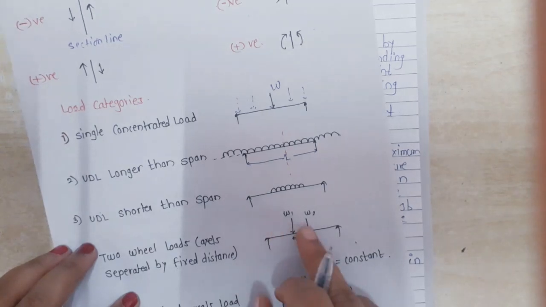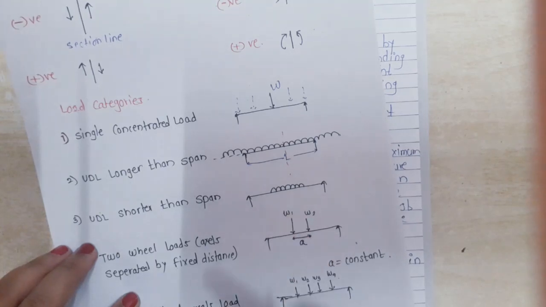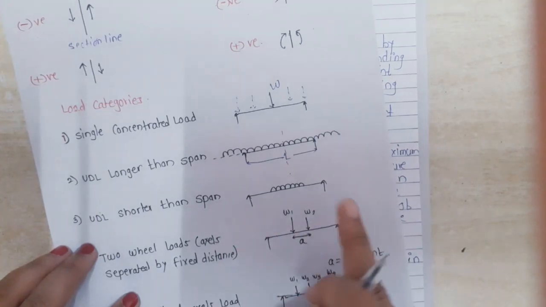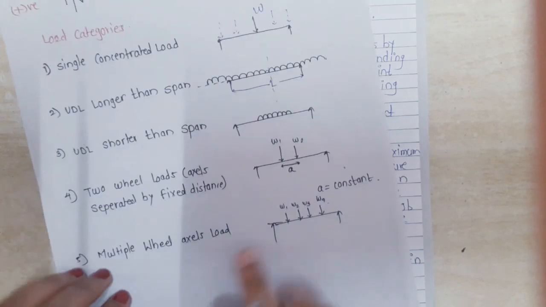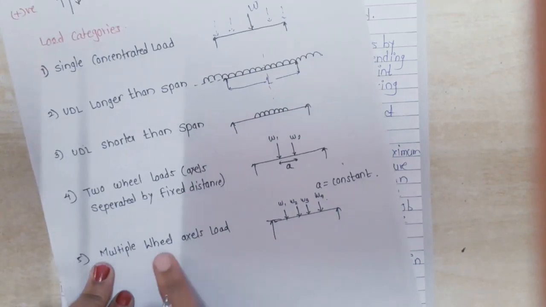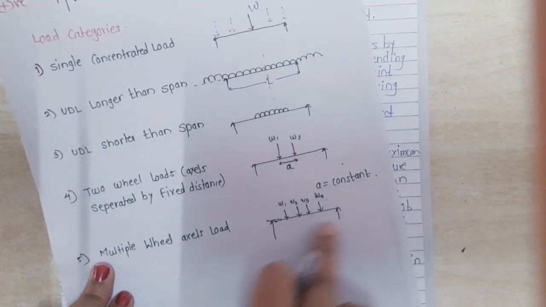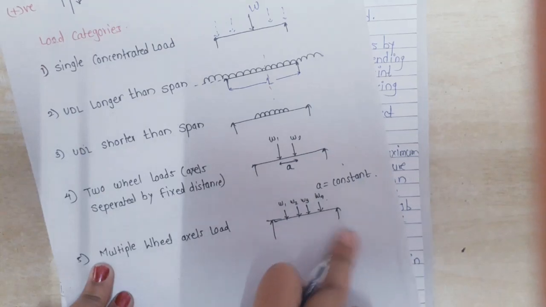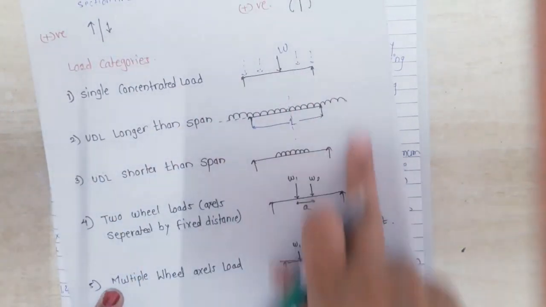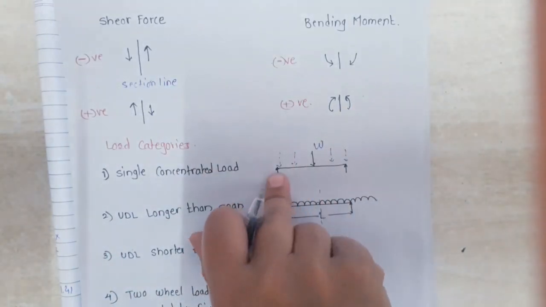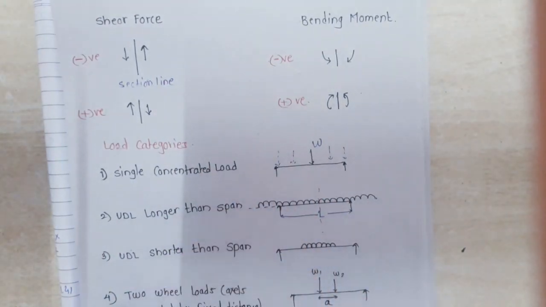The two wheels are separated by a fixed distance and pass over a fixed span. Last one is a multiple wheel axle load acting on the structure. These are the 5 categories and these are the sign conventions to determine the ILD in that section.